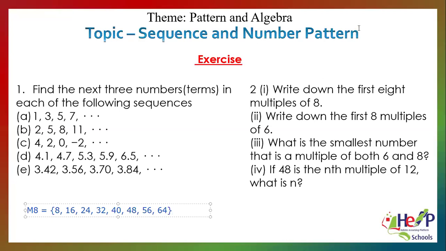So these are the first 8 multiples of 8, and you've written them down. So this is Roman number 1, and thank you, Ayo.